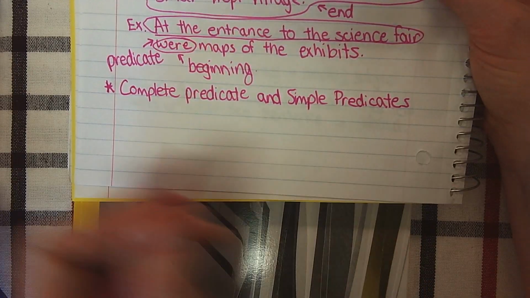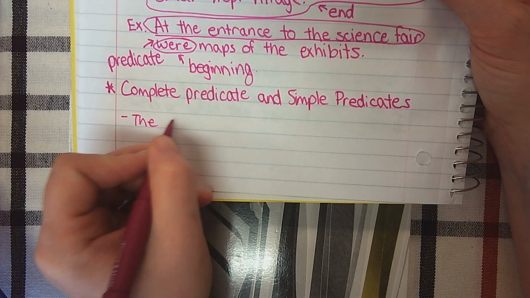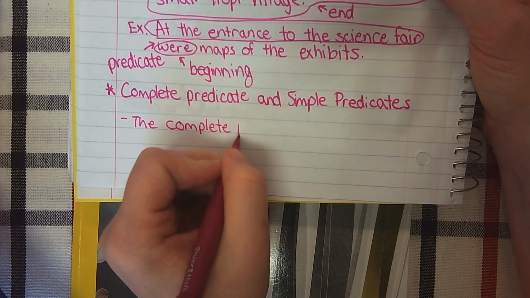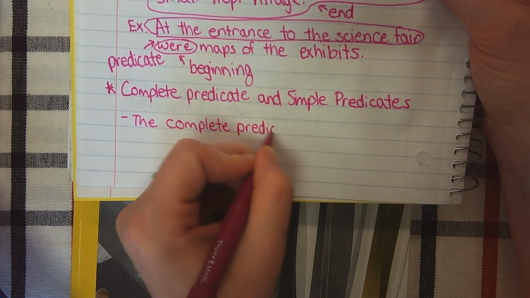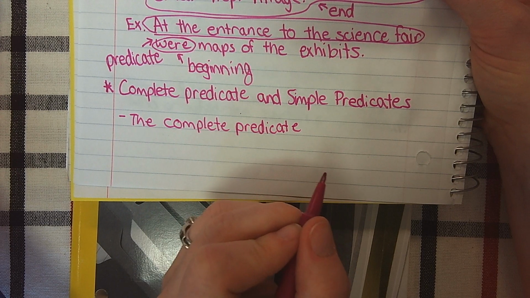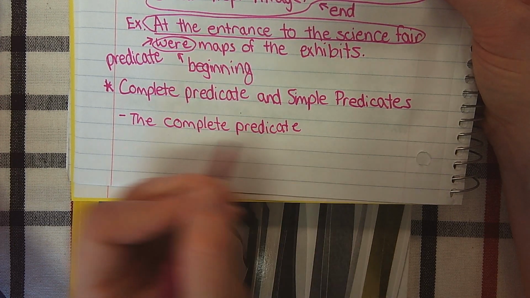All right. The complete predicate consists of a verb and all the words that describe the verb in its complete meaning.